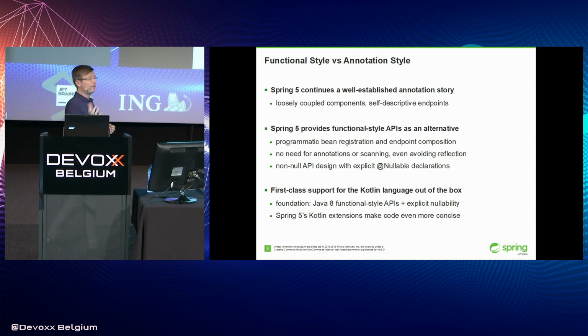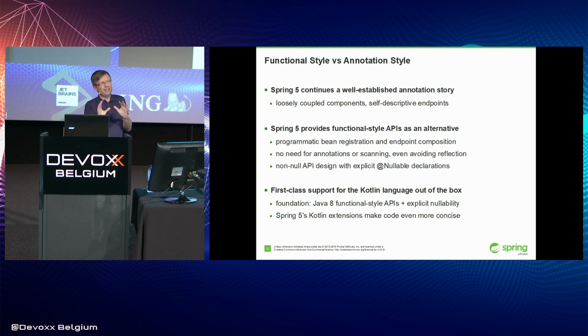And for Spring Framework 5, we took a rather, well, a somewhat extreme perspective. We took a step back, quite literally, right? And revisited the entire framework, the core container, web endpoint registration, many parts of the framework, from the perspective of what if we wanted to use them purely programmatically, with Java 8 constructs in particular, no annotations in use, avoiding classpath scanning, even avoiding reflection to the degree possible.